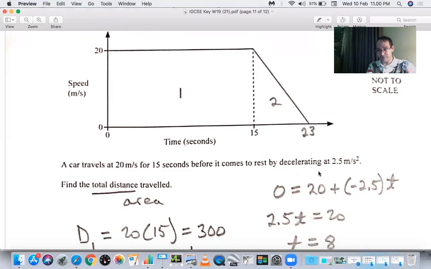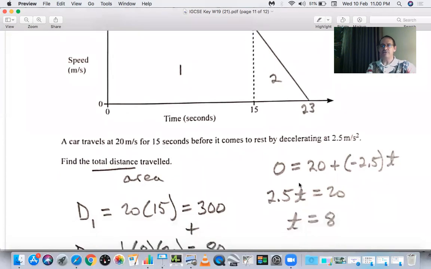So V equals U plus AT, V being the final velocity, U being your initial velocity, plus A. Our acceleration is negative 2.5 because it is decelerating, so a negative acceleration, negative 2.5 times T. So we add the 2.5T to the other side. Divide by 2.5, it means it took 8 seconds for it to go from 20 meters per second to 0 meters per second. So if you go 8 seconds from 15, that means you end up at 23 seconds.